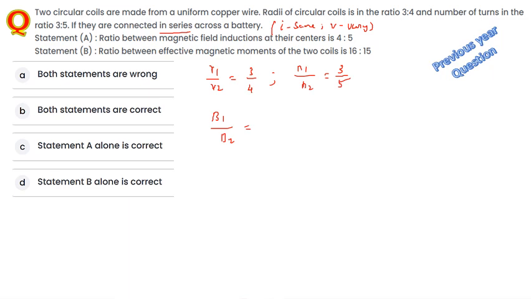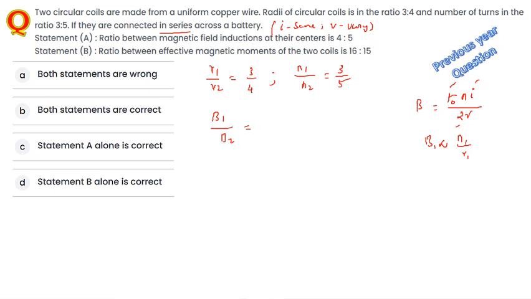Already you know the magnetic induction B is equal to mu naught n I divided by 2 into r. In this, mu, I and 2, all these three are constant, so B is proportional to n divided by r. So B1 is n1 by r1, and B2 is n2 by r2.